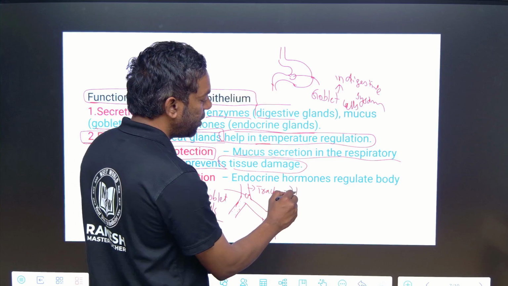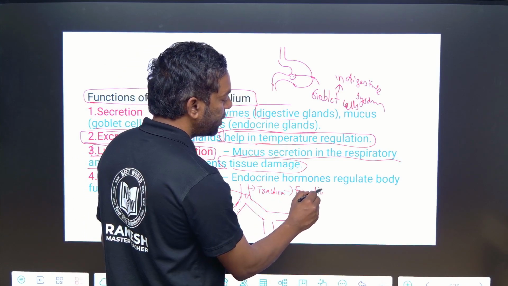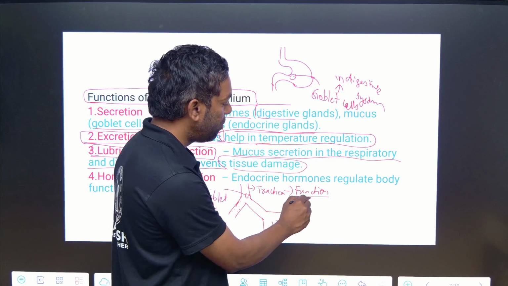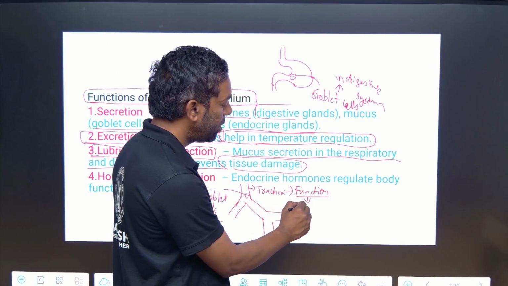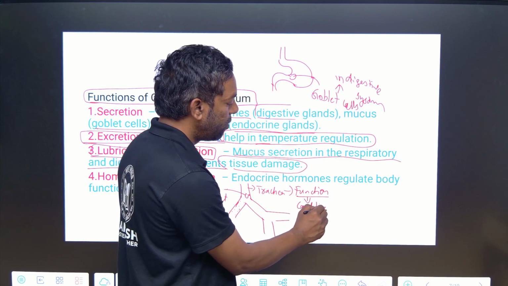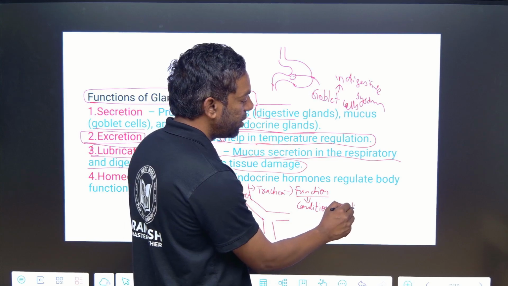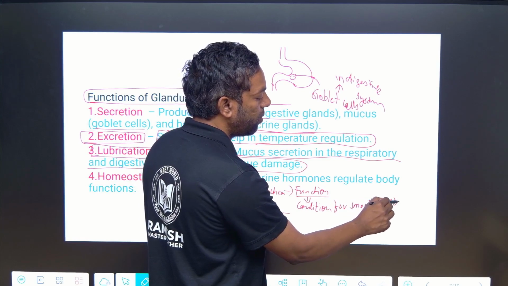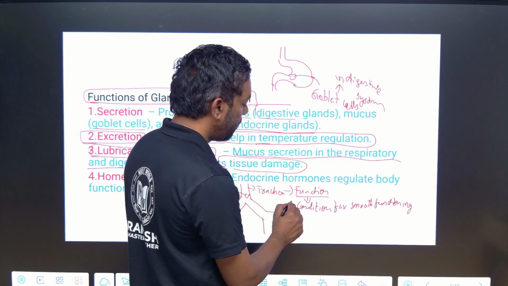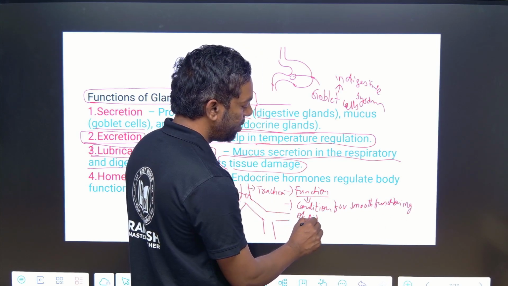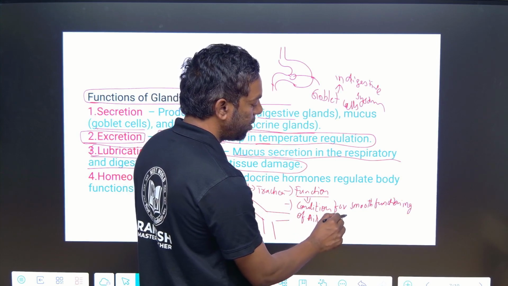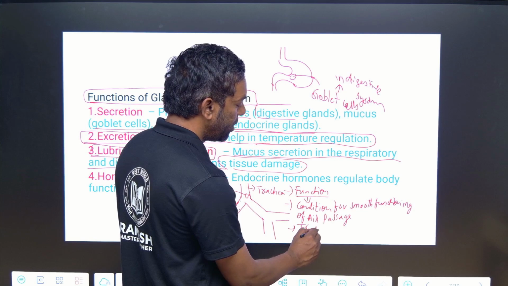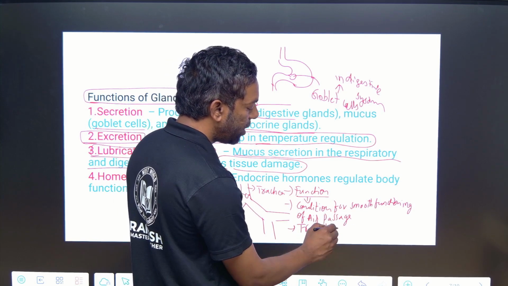The goblet cell in the trachea gives lubrication for smooth functioning of the air passage, and as well traps bacteria or any microorganisms.